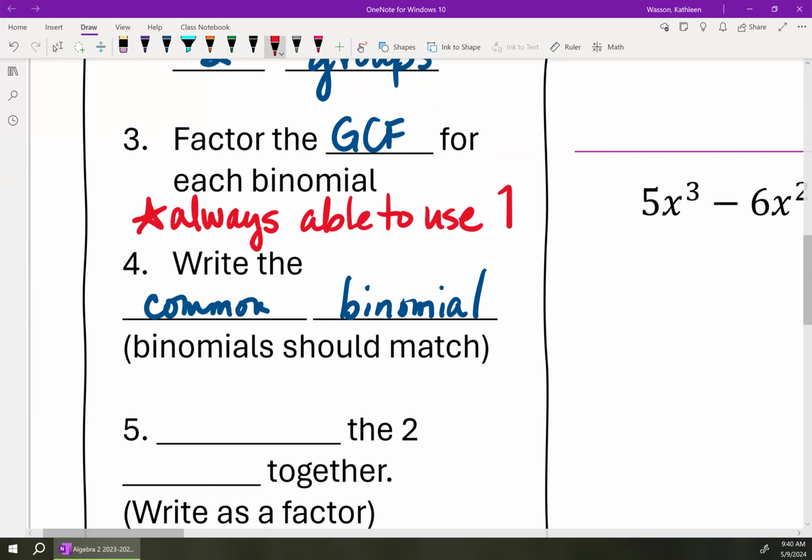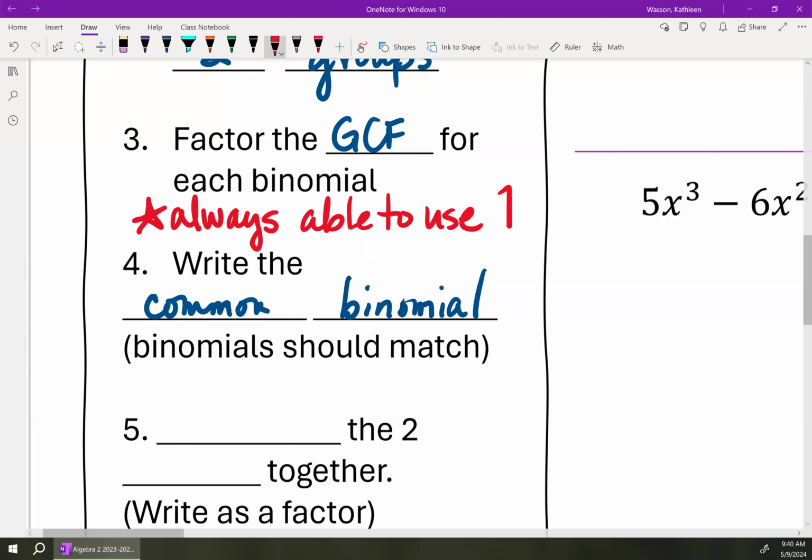Also, the sign of the greatest common factor matches the sign of the first term of the group. And that was a rule that we used when I introduced greatest common factor, again as a reminder this last time.